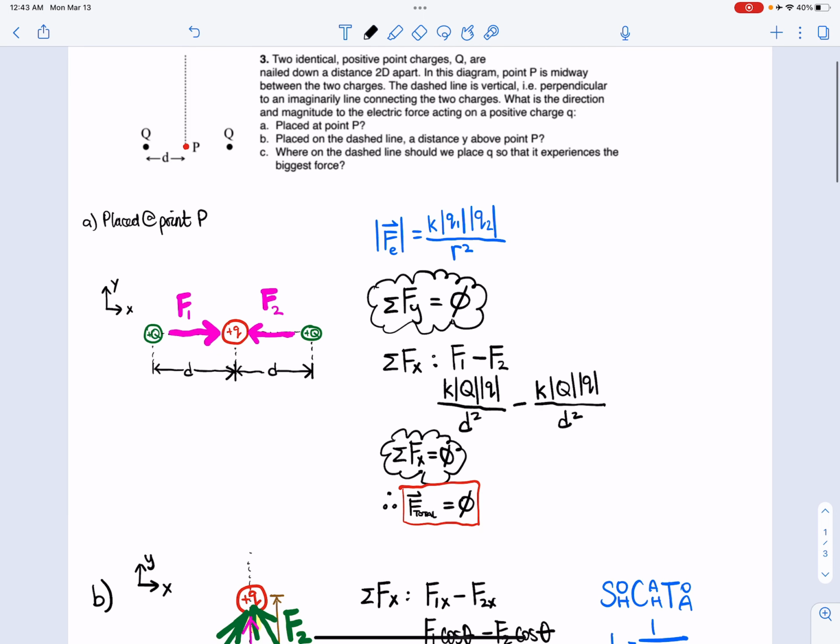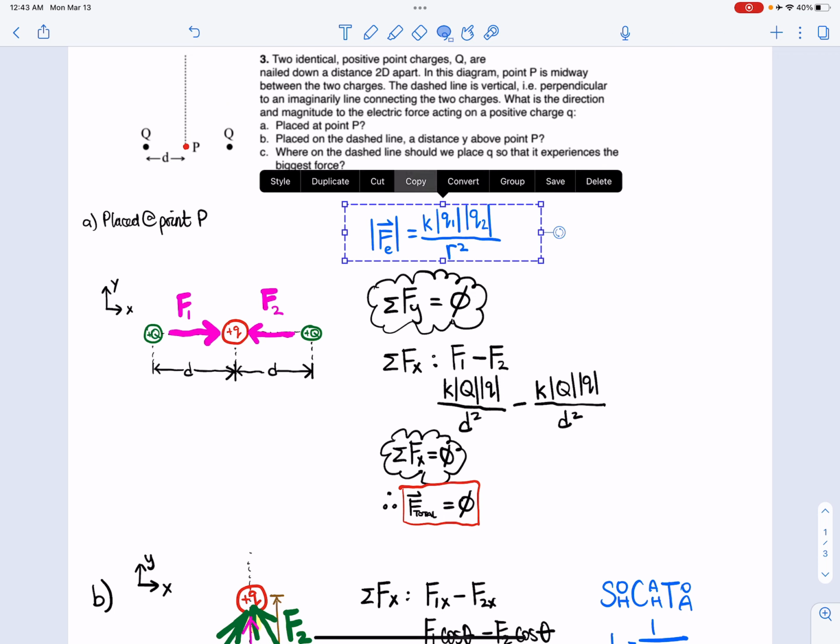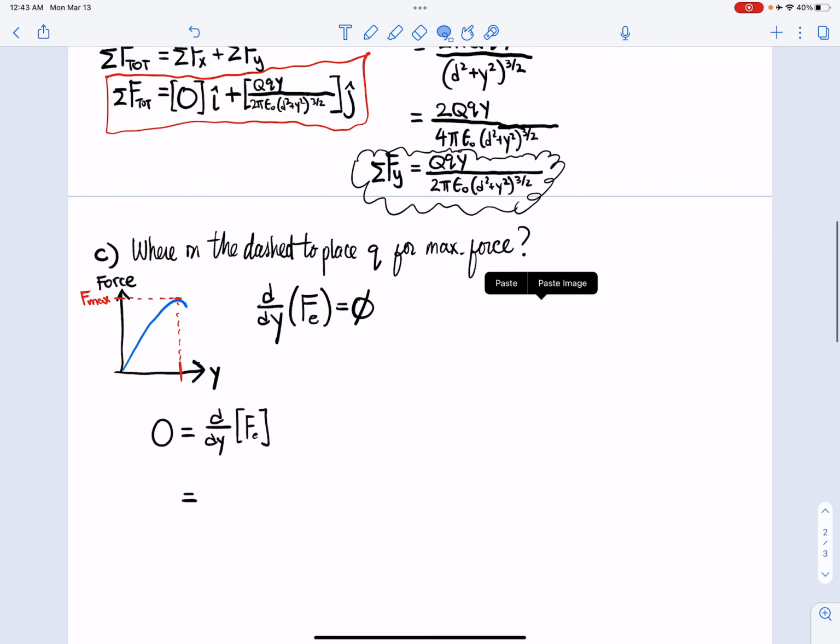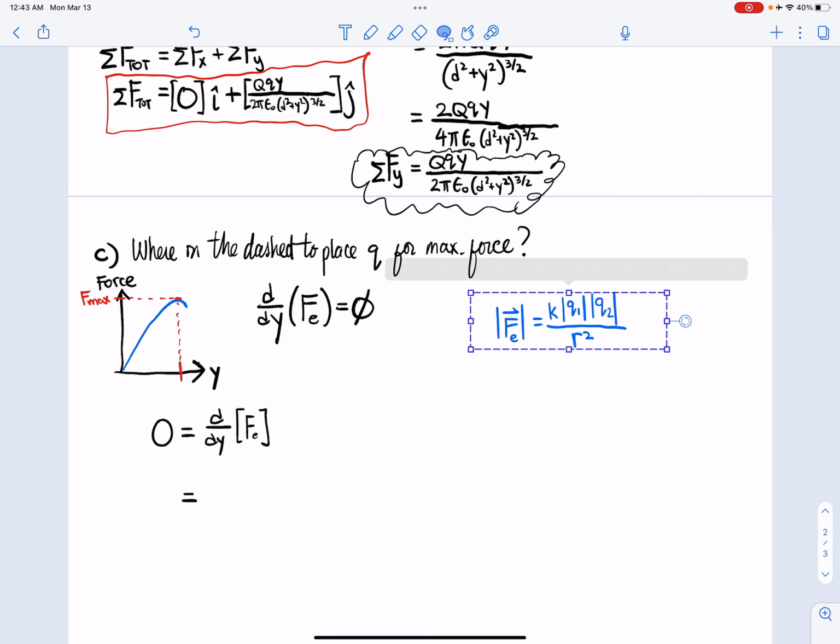I wrote that down here. I'm going to bring it down so we see it again, copy, paste. Okay, that's my electrostatic force. Actually, I already solved it right here.